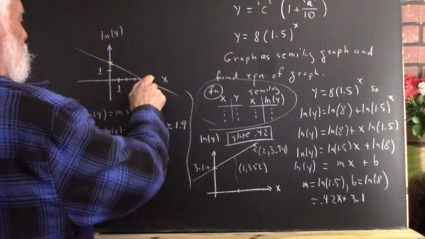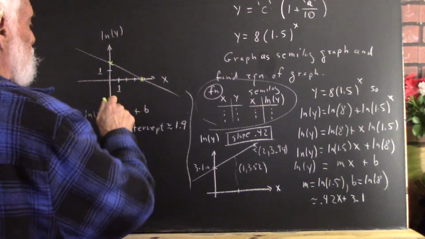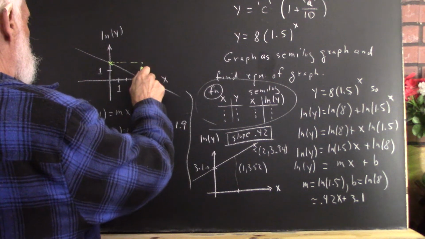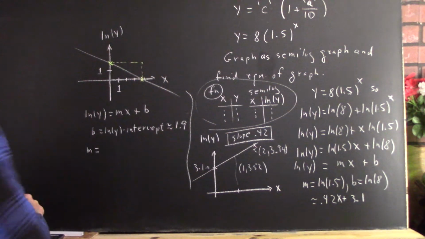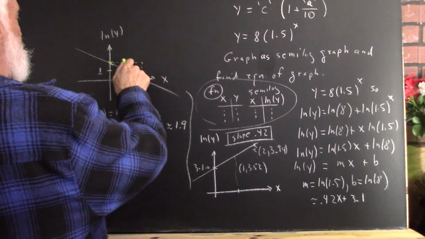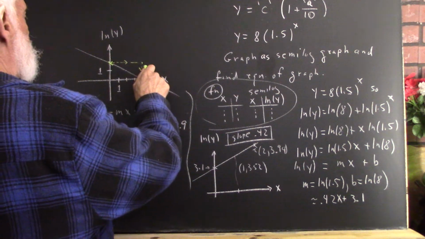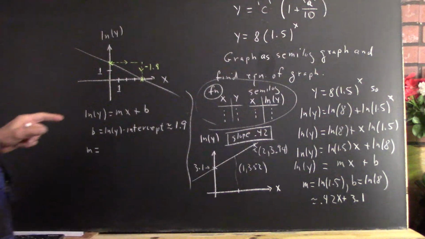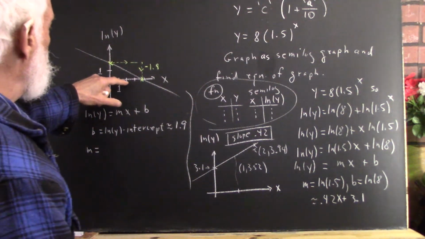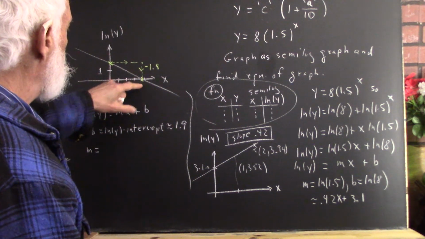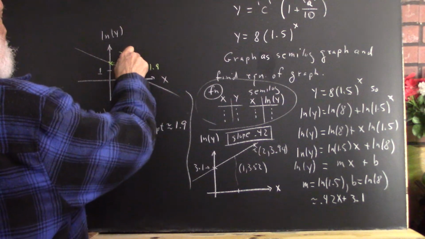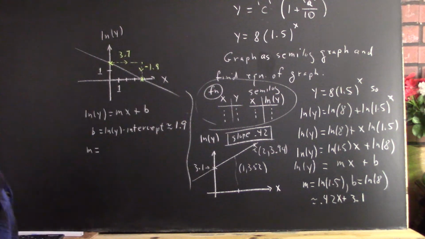So I'm going to use the fundamental triangle for these 2 points and say that the rise is negative 1.9 and the run is 3.7 or 3.8.